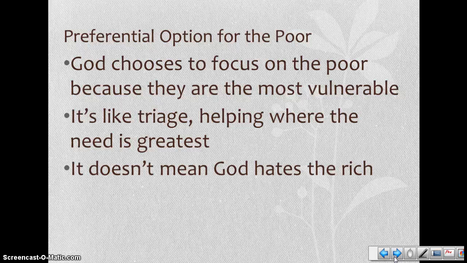It's like triage. That's when you go to the hospital and the nurses and doctors decide who is the most vulnerable, who is the most injured that needs help immediately. So if somebody comes in who's having a heart attack, somebody comes in who has a broken arm, and somebody comes in who has a splinter, they're going to help the person with the heart attack first because they might die if they're neglected.